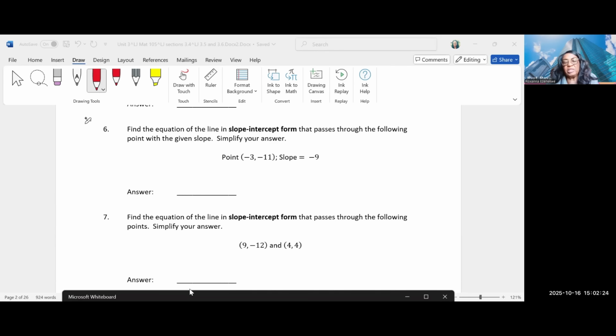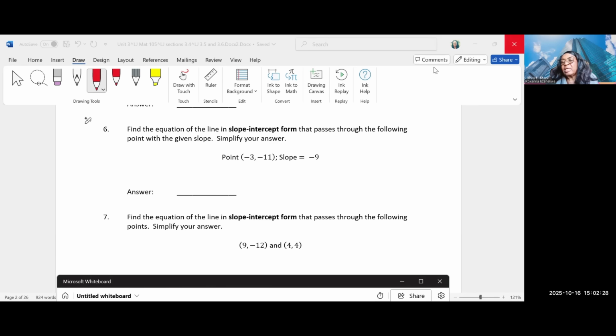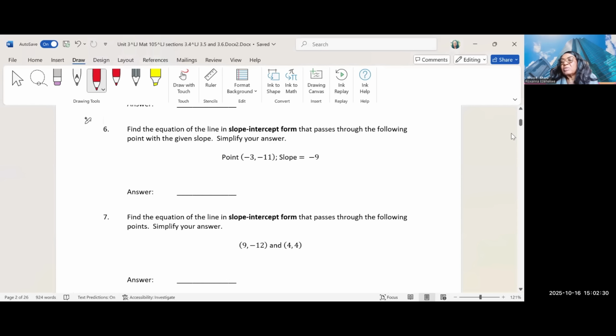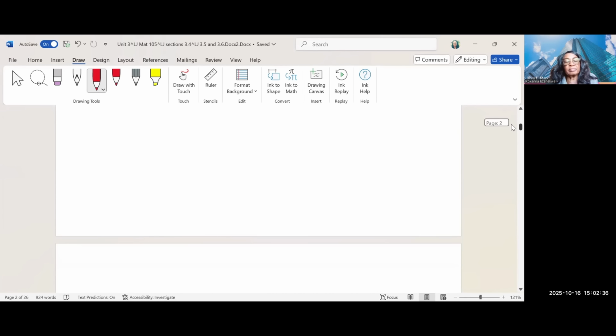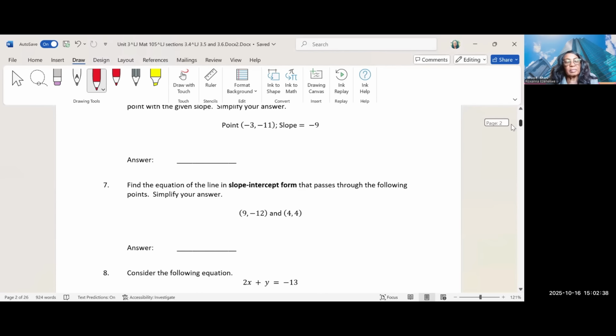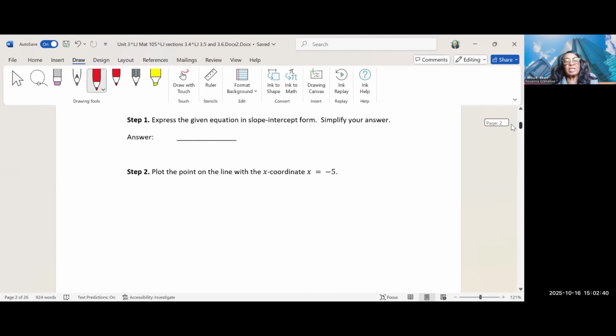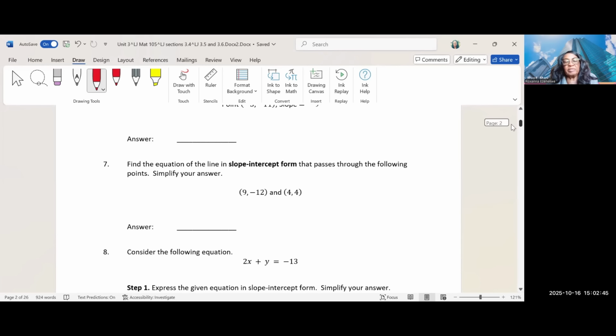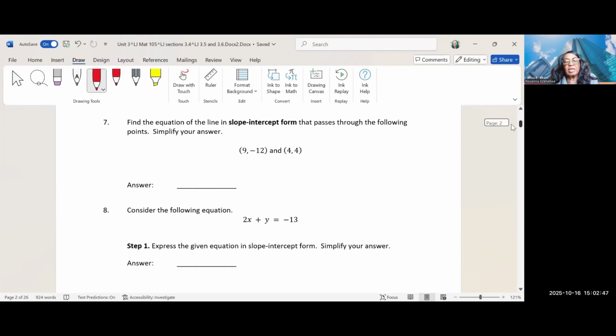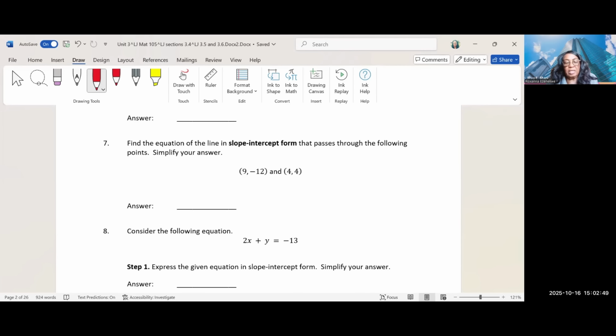Let me make this go further. So that is number 7.